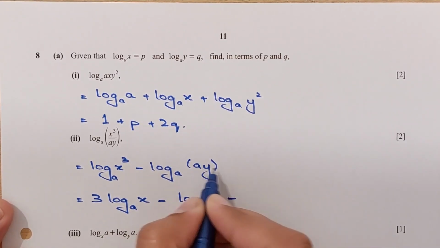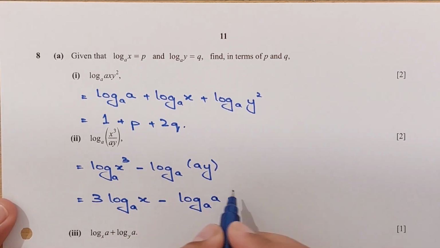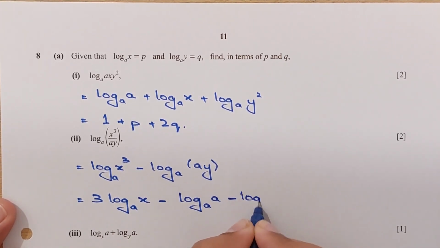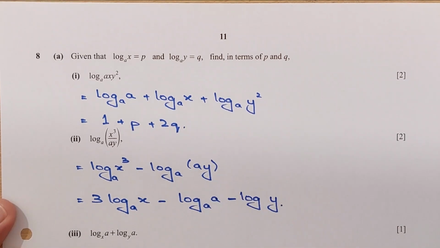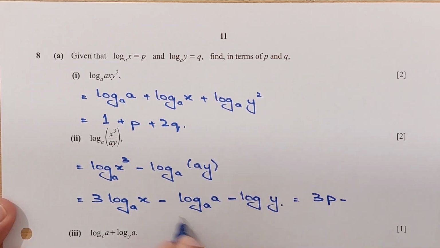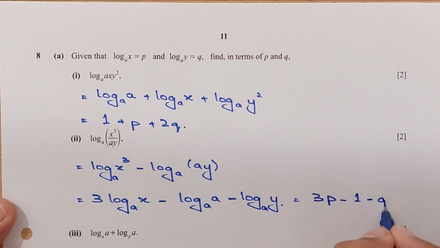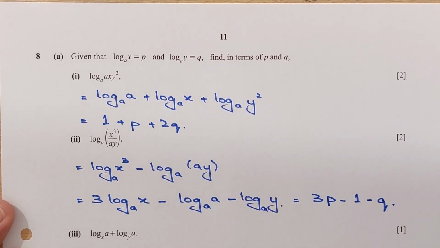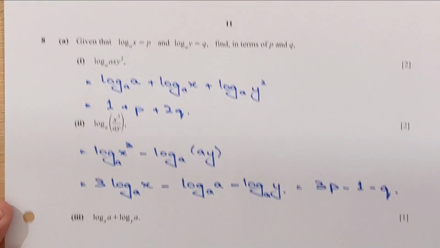Minus, this is plus basically because it is a product, so minus times plus is minus, log of Y. So this equals 3 log A of X, which is P, minus log A of A, which is 1, and minus log A of Y, which is Q. So 3P minus 1 minus Q, right?